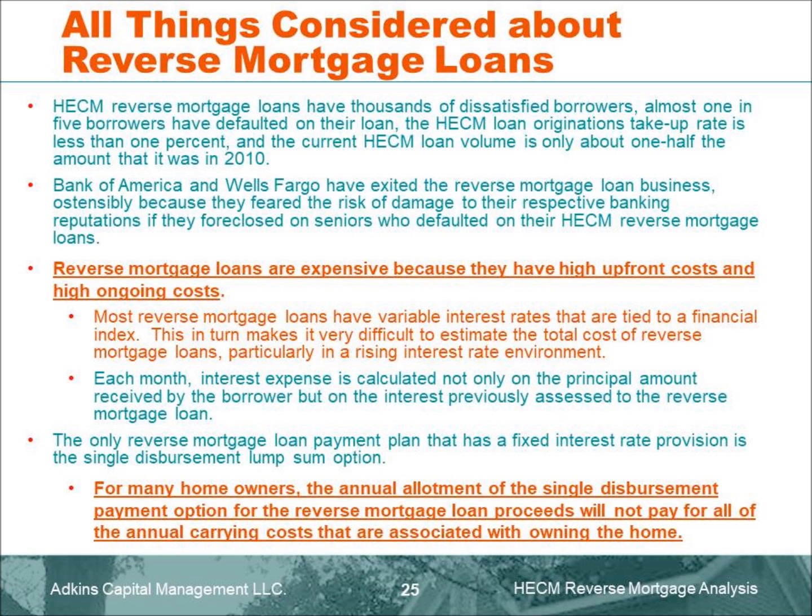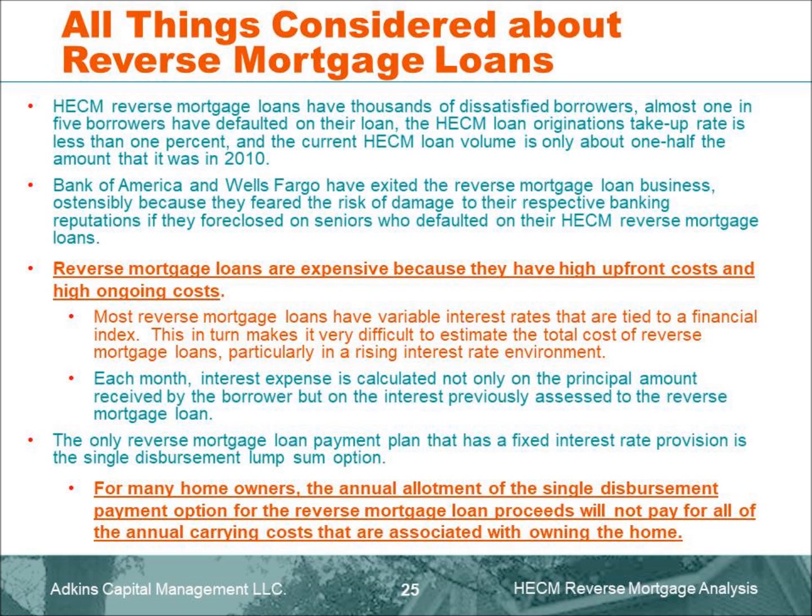Prospective borrowers should also remember that each month, interest expense is calculated not only on the principal amount received by the borrower, but on the interest previously assessed to the reverse mortgage loan. The only reverse mortgage loan payment plan that has a fixed interest rate provision is the single disbursement lump sum option.